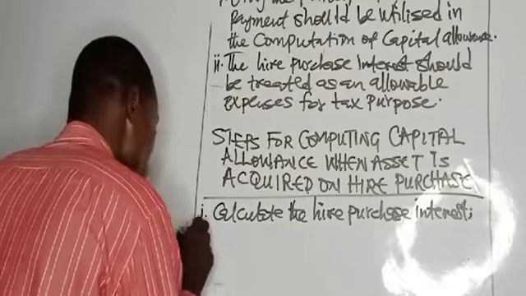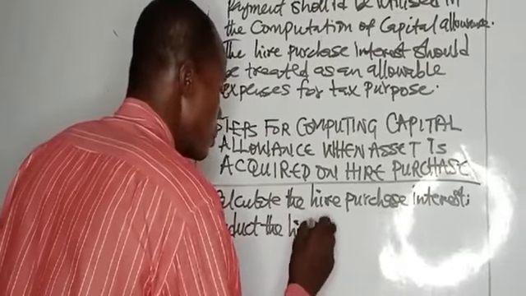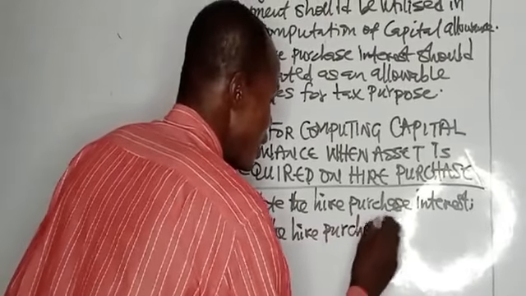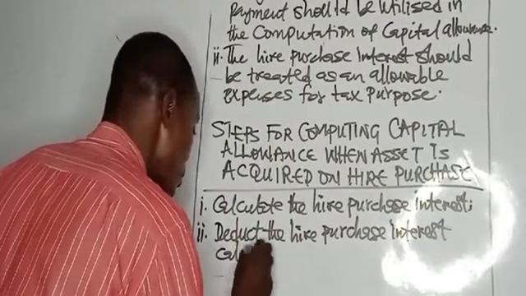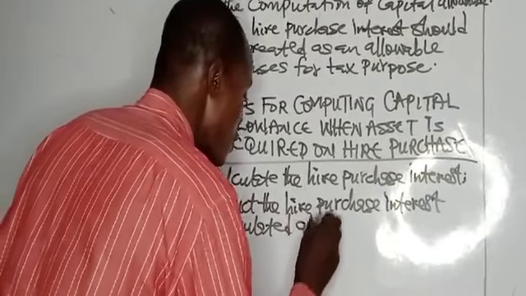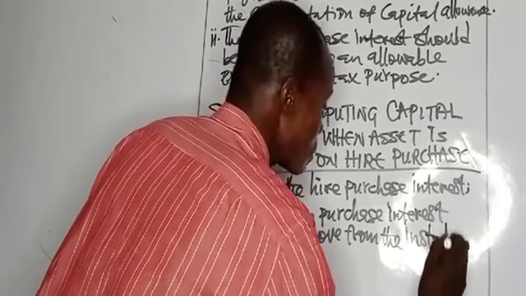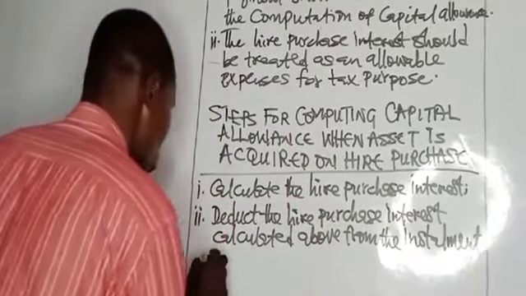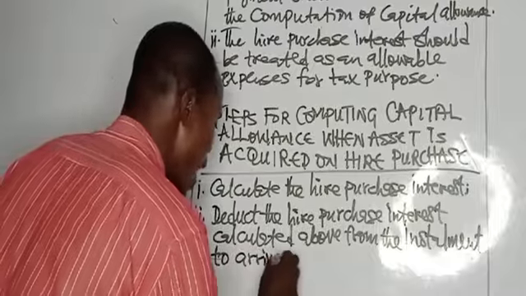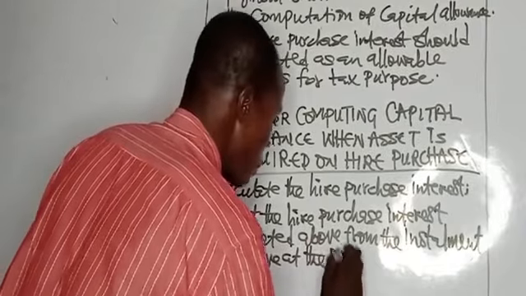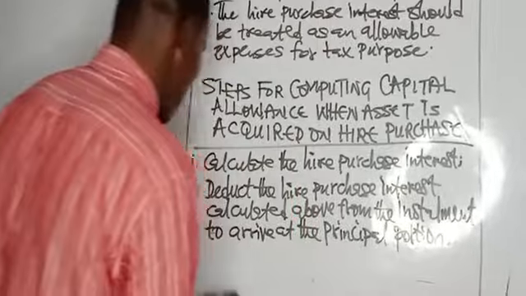Step 2, deduct the hire purchase interest calculated above from the installment in order to arrive at the principal portion, or principal element, or principal component.